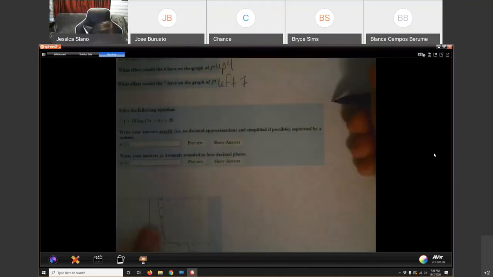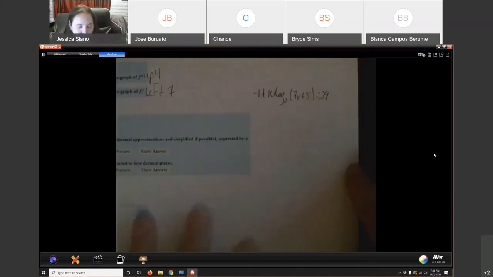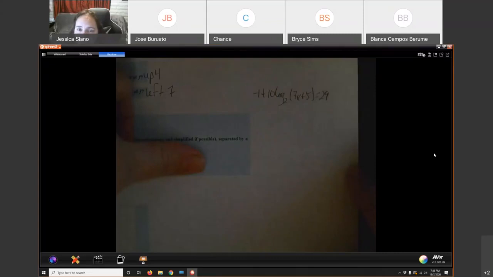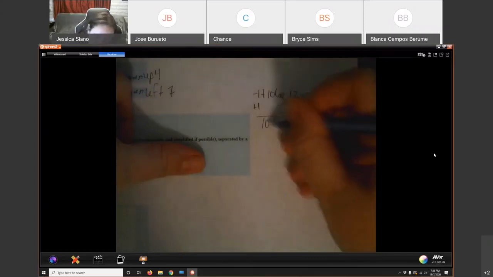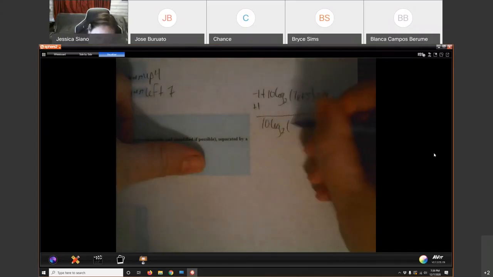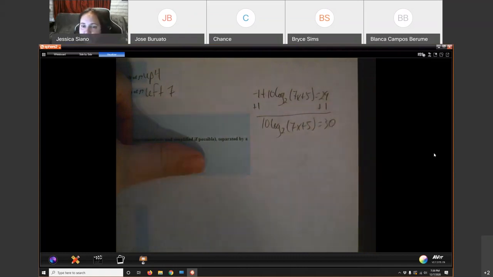I'm going to rewrite this one over here where I have some room. So when we solve this, we need to get the log by itself first. So we'll add the 1, and then divide by the 10.